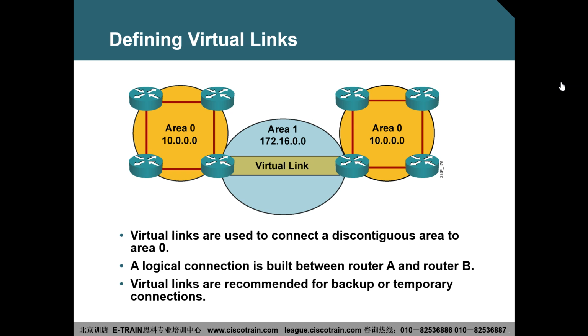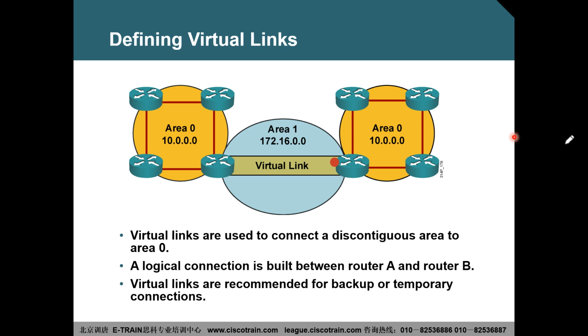So what literally happens here is these two routers are already in area 0 as well as in area 1. These two routers are already in area 0 and area 1. All that we need to do is connect that area 0 part to both, so that the area 0 part of this router will have a virtual connection to the area 0 part of this router and they get merged.